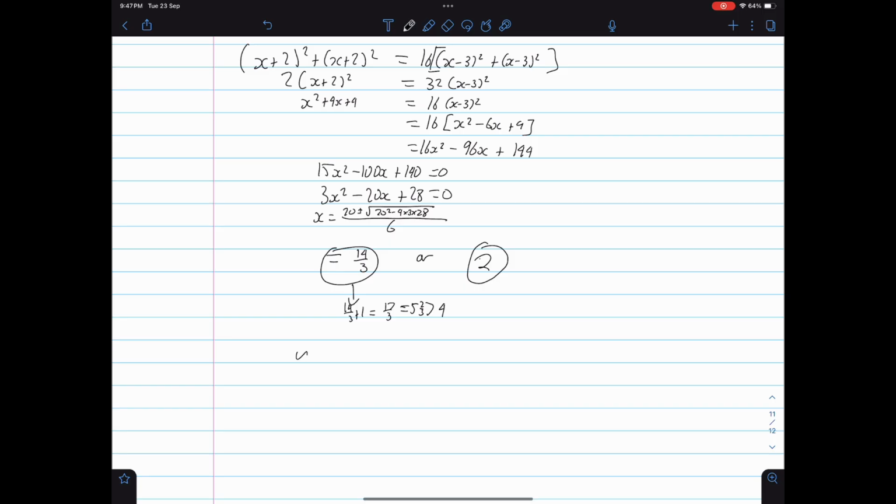So it has to be 2, and then y equals 2 plus 1, which is 3. So P is at (2, 3).